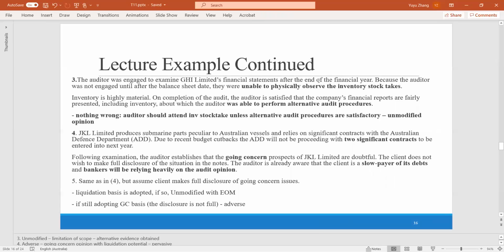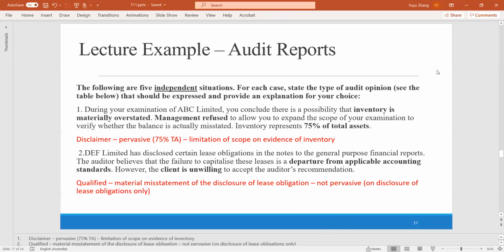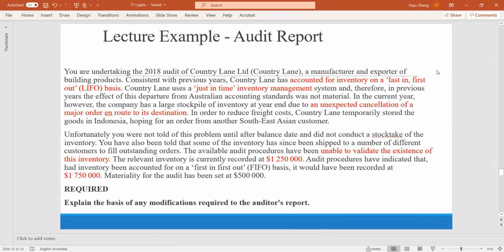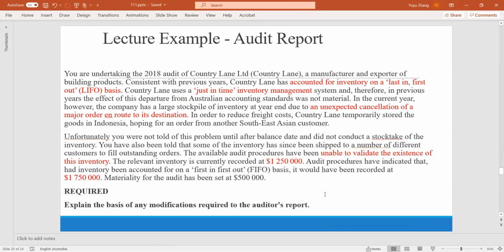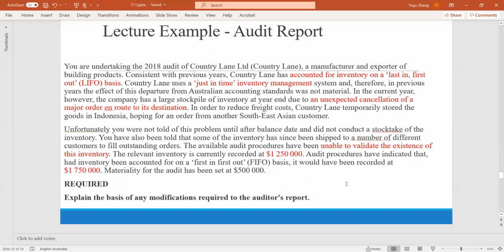So these are our procedures regarding the audit opinion questions for the lecture example. In the lecture example, we also have another example here. Let's use the next maybe 5 minutes to do this question as well, okay? Just read the question by yourself, and then I just want you to type in your answer.